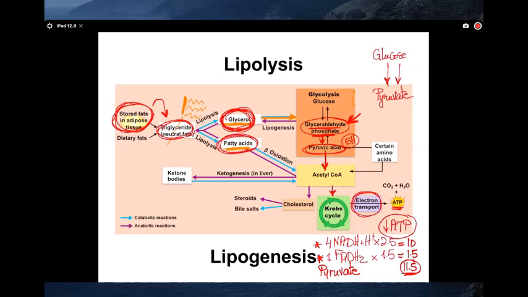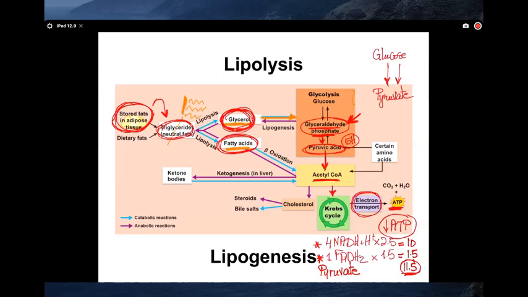Fatty acids are going to pass through a reaction called beta oxidation, and each of them is going to be transformed into an acetyl-CoA. What happens to the acetyl-CoA again? It passes through the Krebs cycle, and from the Krebs cycle, you're going to be generating the NADH and FADH that will then be yielding ATPs, passing through the electron transport chain.